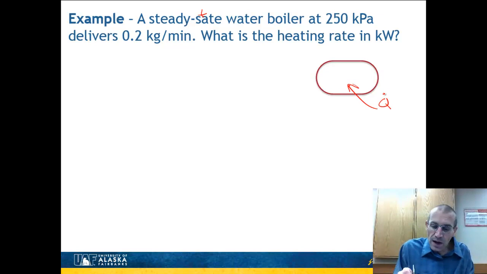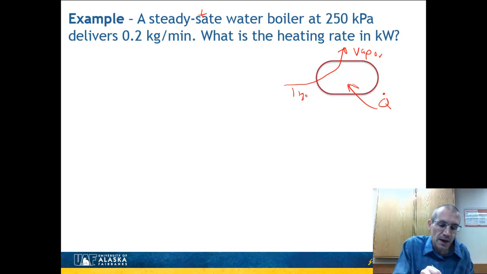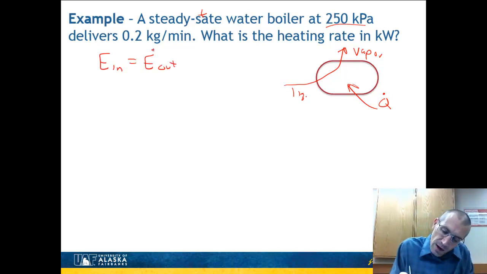And what I have is it's a steady state boiler. So it's bringing liquid water in and boiling and putting vapor out. So a vapor there, liquid coming in, and it's operating at 250 kilopascals. So if I go and write my steady state energy balance, well, the rate that energy goes in is the rate that energy goes out.